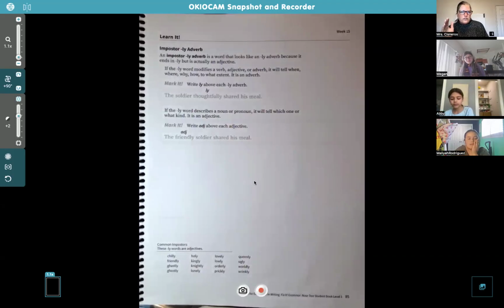They'll have characters like Jack Sparrow from Pirates of the Caribbean. The actor's name is Johnny Depp, right? He's the one that plays that character, but sometimes people dress up like him and they try to pretend to be him, but they're not really him. So that's what an imposter is. They're trying to be like them, but they're not really that person.